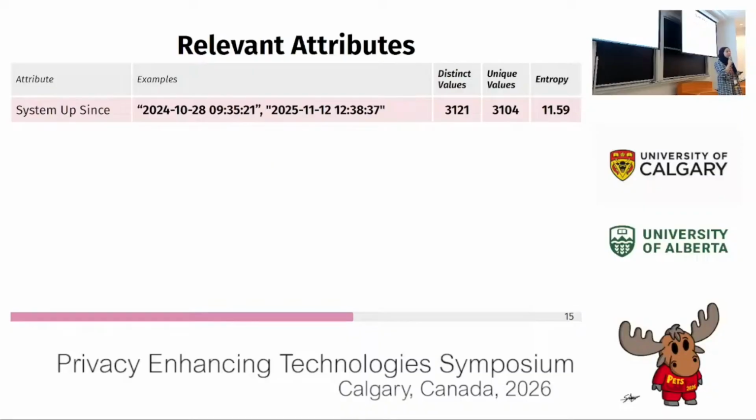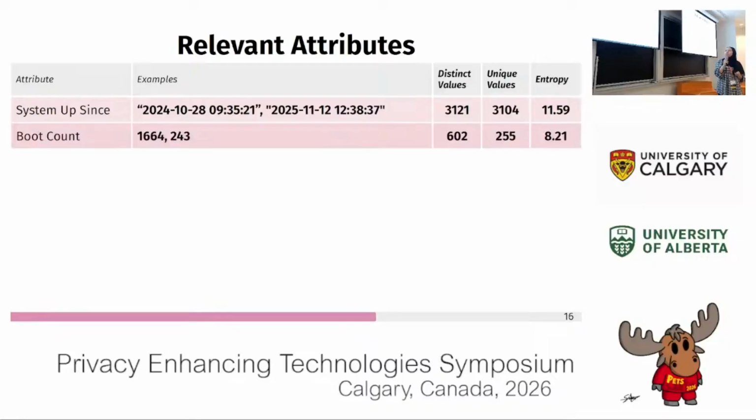For instance, we have the system uptime, which is the time since you last rebooted your device. It's almost unique for all the dataset, since it's very precise. It's precise to the second. When combining it with the number of times that you have rebooted your device, this combination becomes more unique and can be used for short-term tracking, since it could be not stable over time.